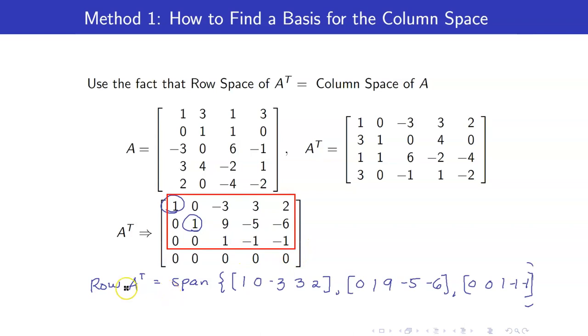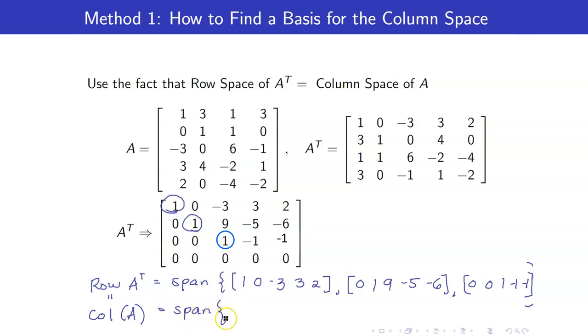So the row space of A transpose will just be the span of these 3 row vectors because they are rows. But the row space of A transpose is the column space of A, so you just turn it into columns. So it's going to be the span of, let's turn these to columns.